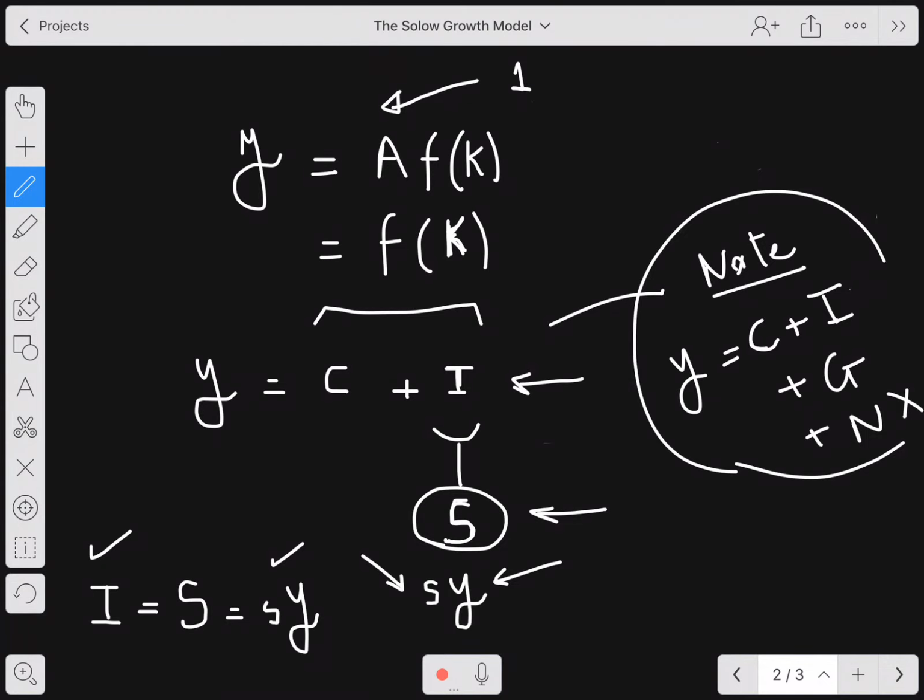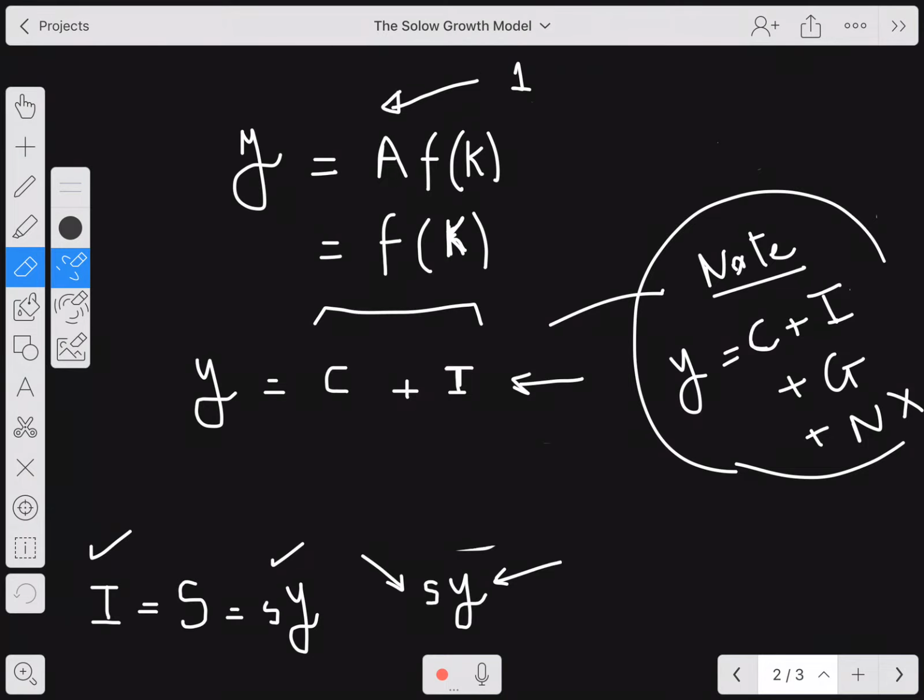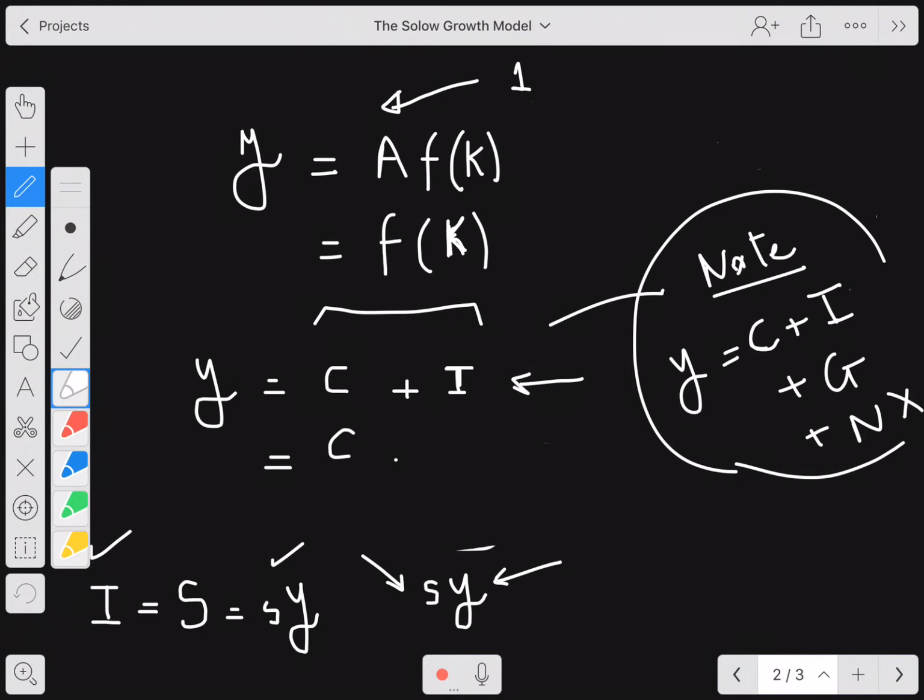So you can actually write this one as income equal to consumption plus a small fraction of output. That's the same thing.